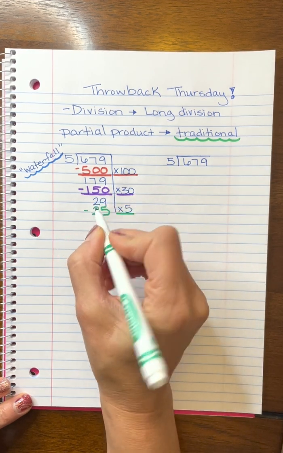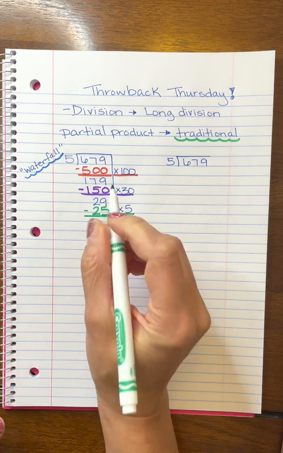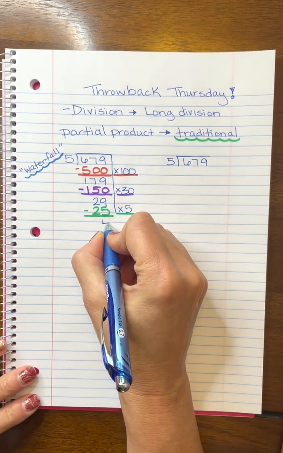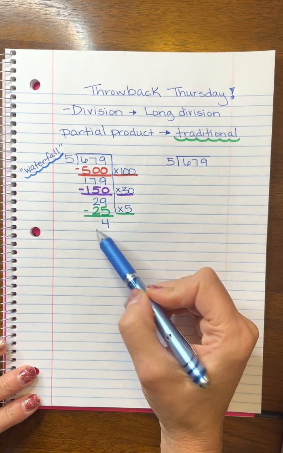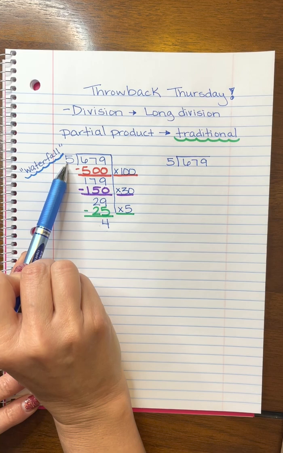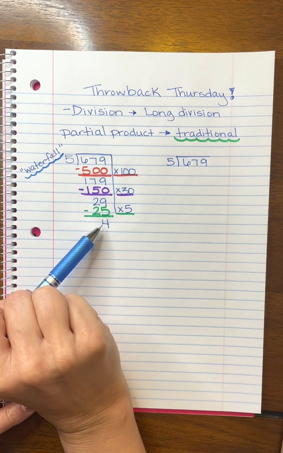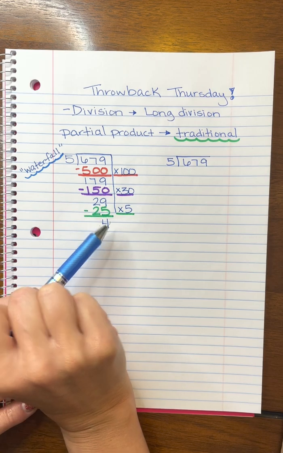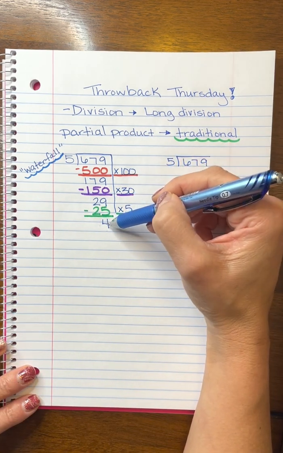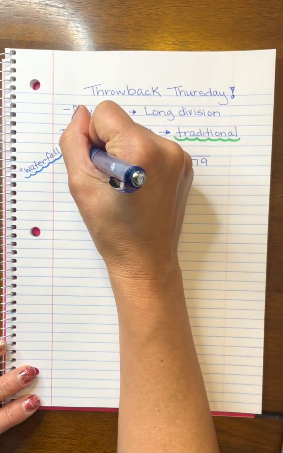If I subtract that, that will leave me with 4. And we know that when we end up with an amount that is less than our divisor, we've come to a remainder. So I'm going to add this together. That's 135, and I have a remainder of 4.